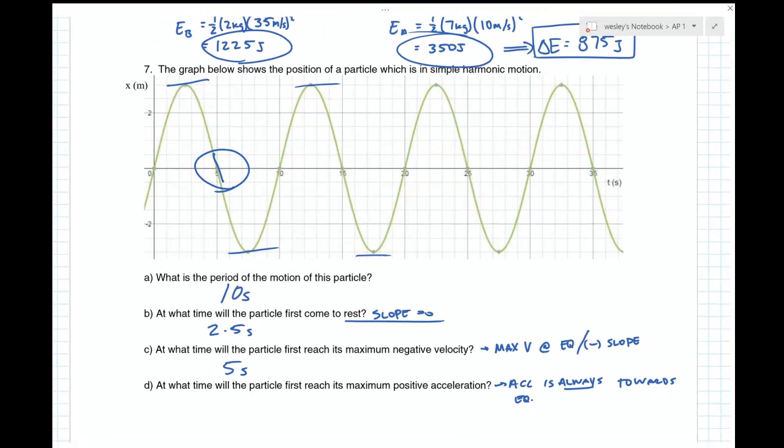So if we look at this motion, when my particle's up here, towards equilibrium is down. Well, that's a negative acceleration. When we're down here, towards equilibrium is up. That's a positive acceleration. The first time we hit that max positive acceleration then is going to be down here at 7.5 seconds.